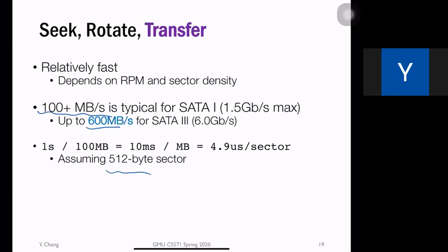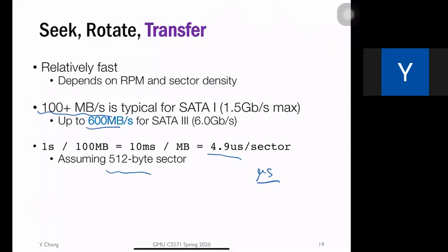In order to quantify the latency it would spend to just transfer out a sector worth of data, which is like 512 bytes of data, it takes this long, which is 4.9, almost 5 microseconds, okay? And here we're looking at microseconds, which is not at the same order of magnitude that we were looking at in terms of performance metric.